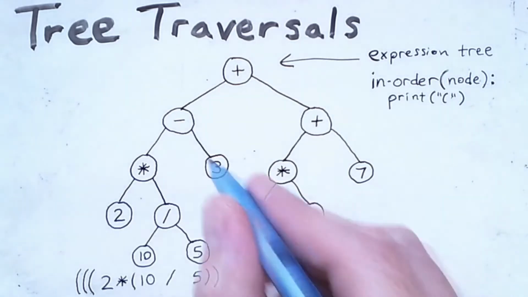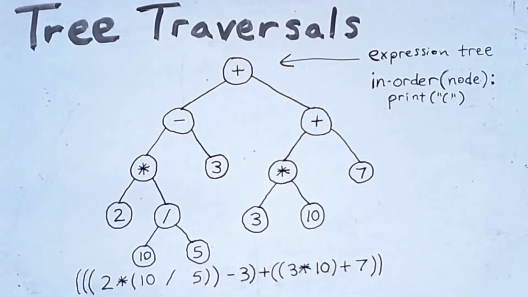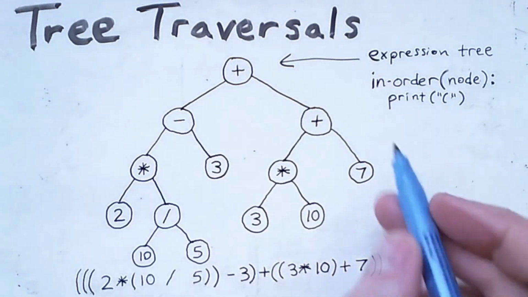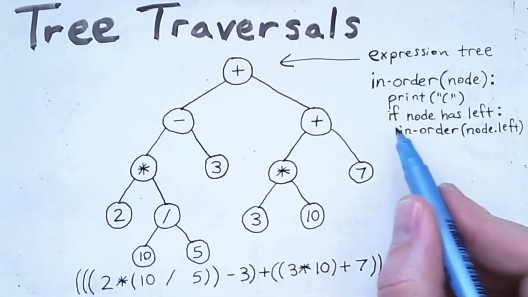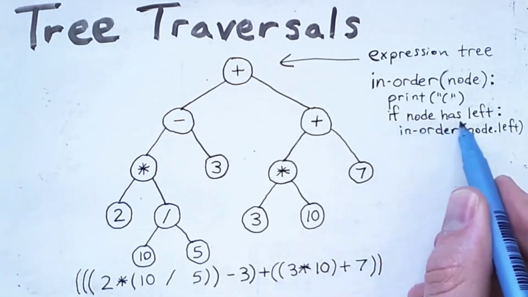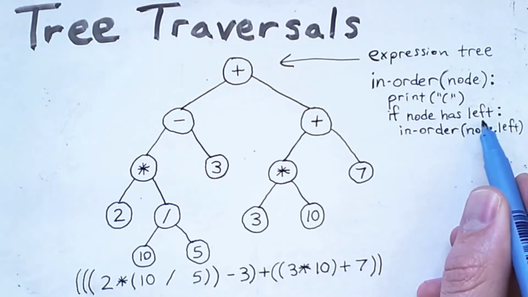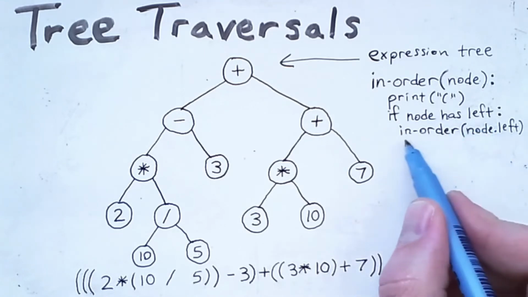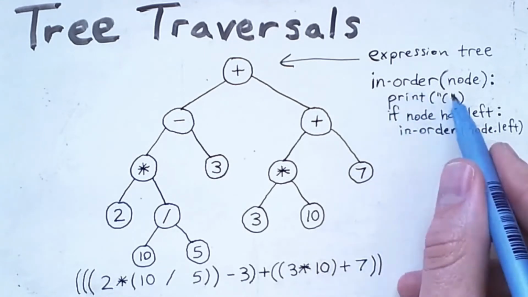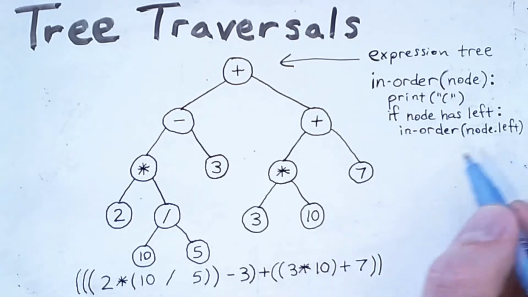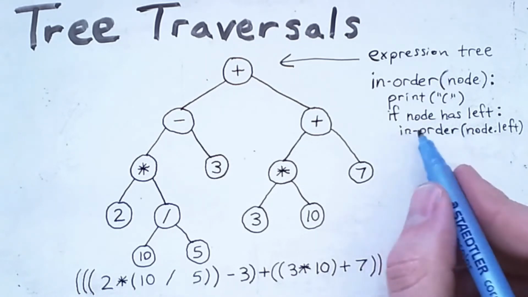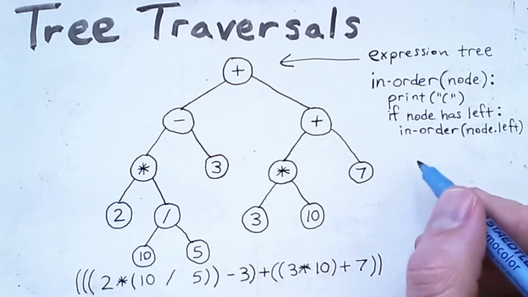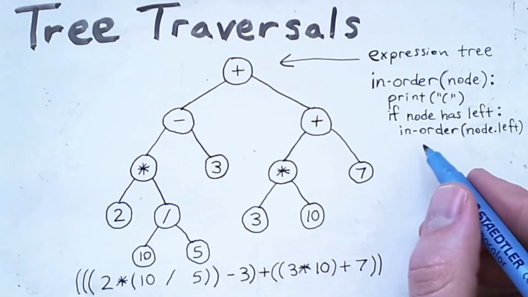Then, if there is a left subtree, we're going to recursively traverse that in order. So if the node has a left child or a left subtree, then we call our in-order procedure recursively on that left child. Regardless of whether that happens or not, the next thing we do is print the data in the node.